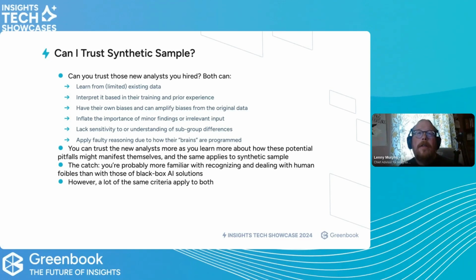Now, the question is that human analysts learn as they go, and arguably with synthetic sample, the LLMs are learning those same things. So here's the comfort level component.